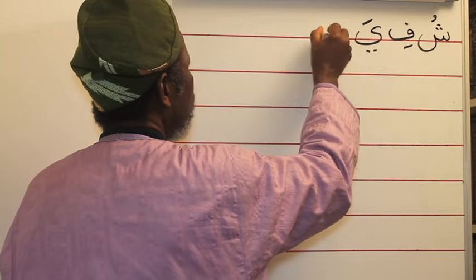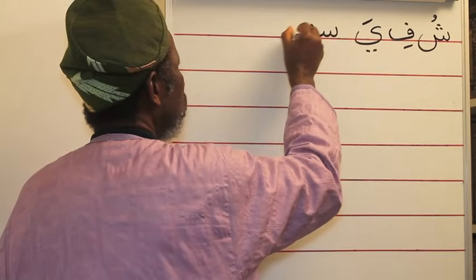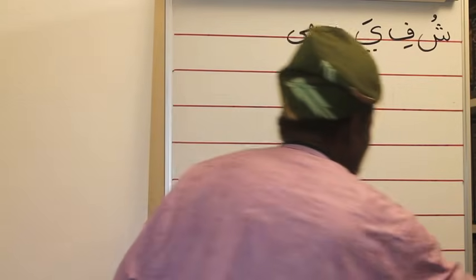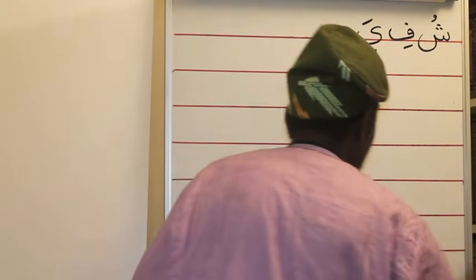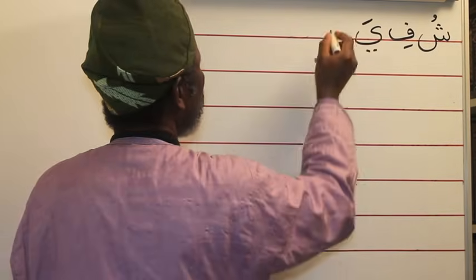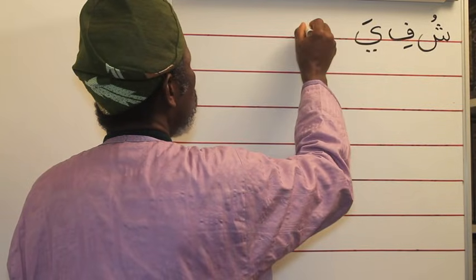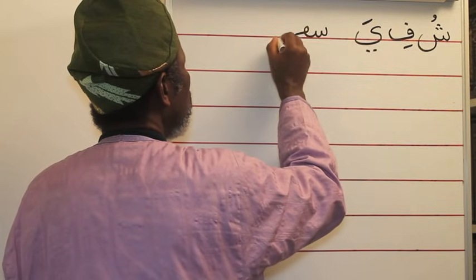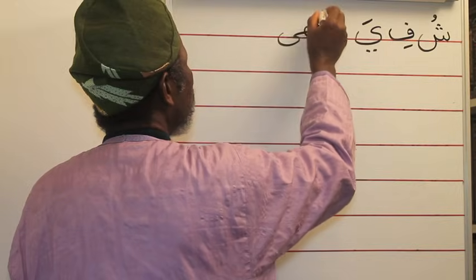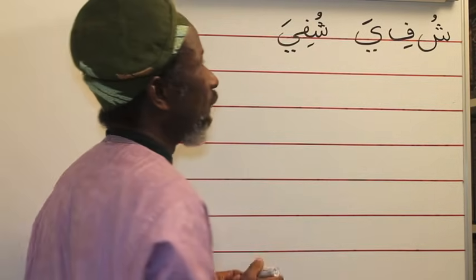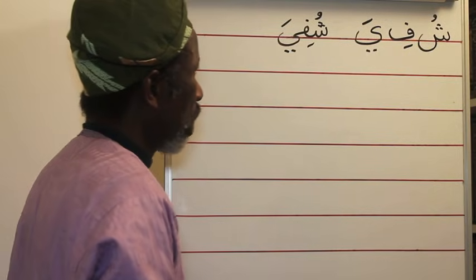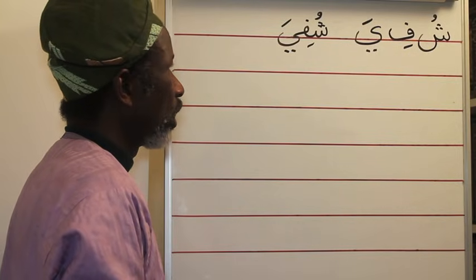Join nicely, continue. Let's write that Ya in a different format at the end to make sure that you see what's going on. Shufiya, so write Shufiya. Go back, put your vowel, shufiya. That's shin, the beginning.